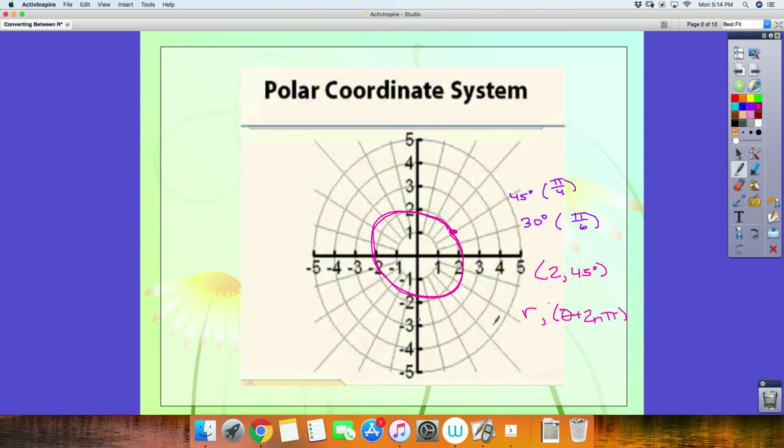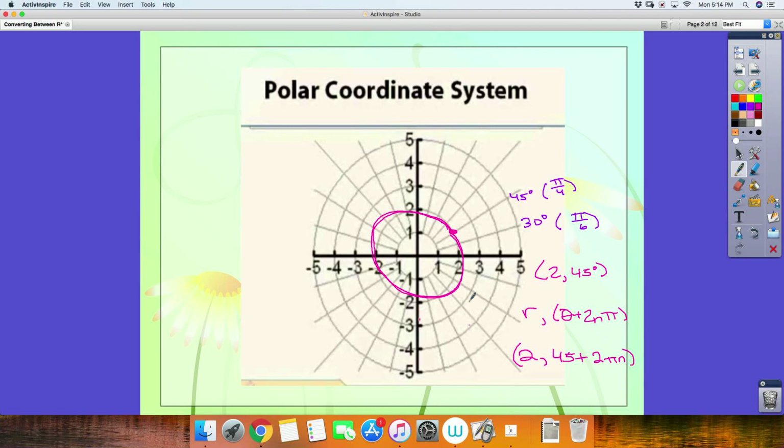I could write another for an infinite amount as 2, 45 plus 2n pi. And that represents any amount of rotations around my polar coordinate.